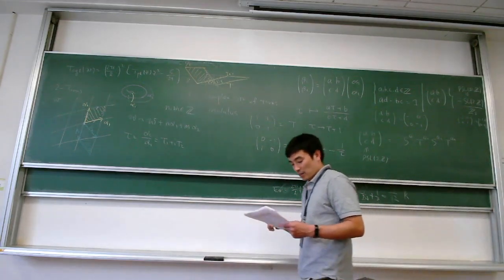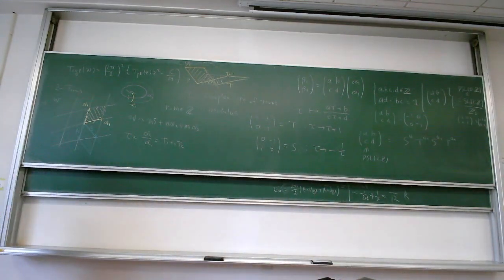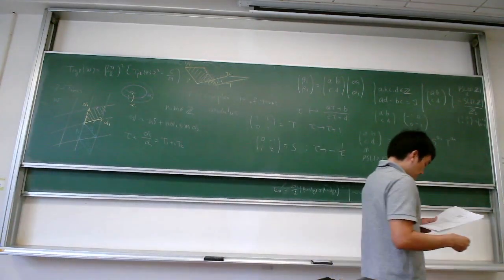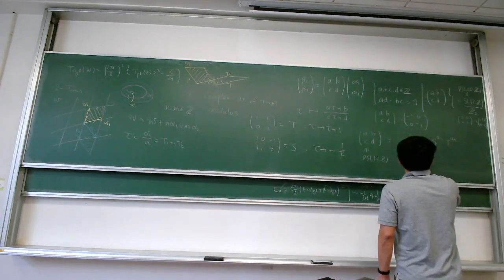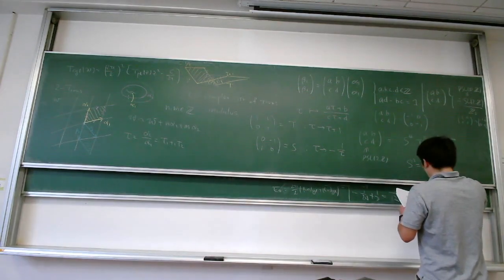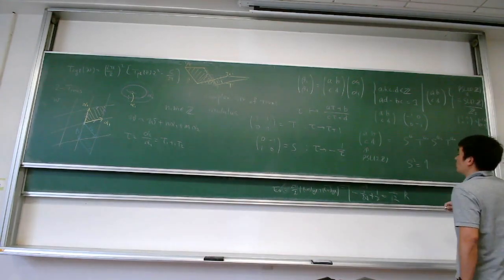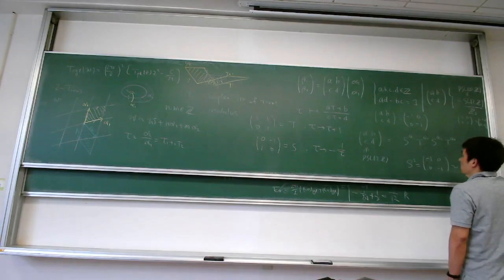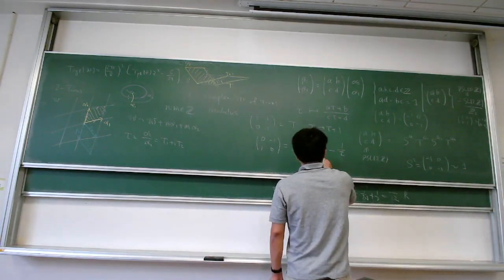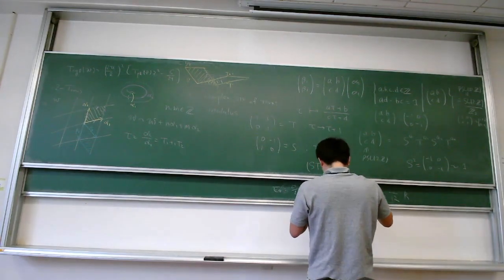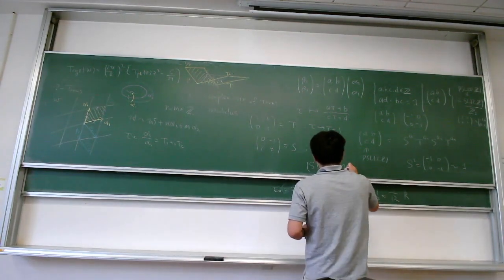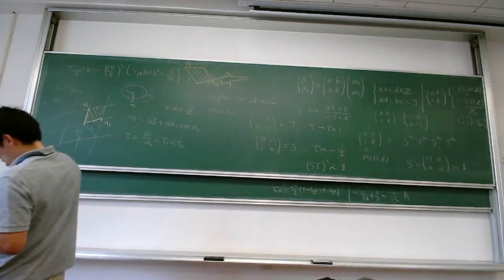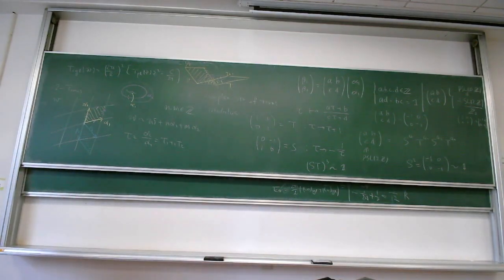You can always write it down, it's generated by the S and T matrices. Moreover, S squared is equal to minus 1, which is the same as 1 in PSL2Z, the identity operator. You can check this is true.